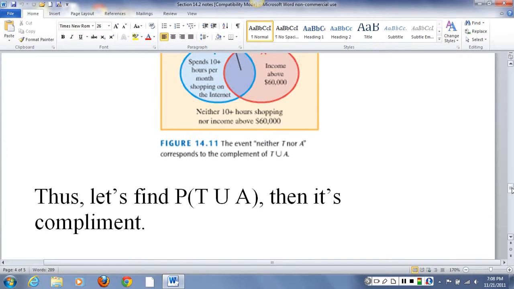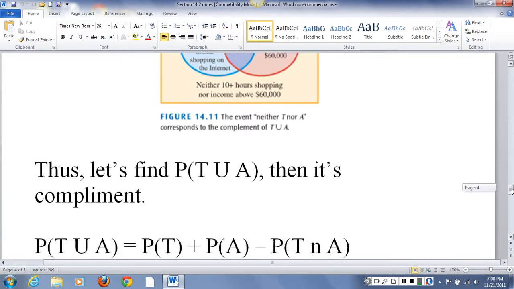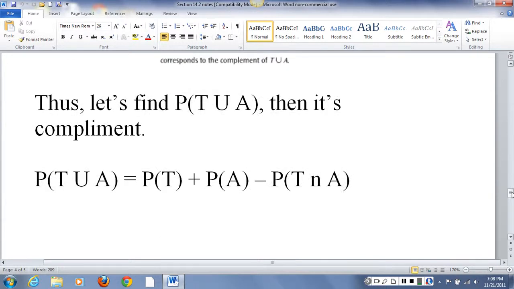So again, the idea is if we find the probability of the union, T union A, and the complement is what we want. So the probability of T union A is, again, the probability of the 10 hours or more, plus the probability of the income above 60,000, minus their intersection.